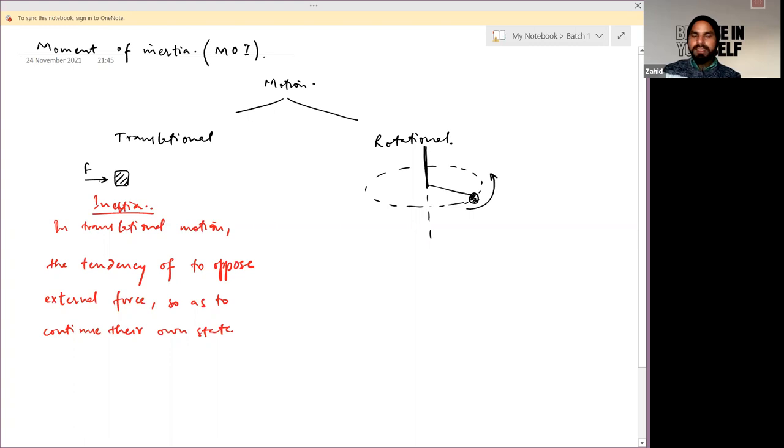So force in terms of a rotational term will be termed as torque, or you'll say the impact of force which causes turning effect is called torque. I will define torque later in detail, but still just remember torque is rotational effect of force, or in rotation, the analogy of force is torque. Is it clear?